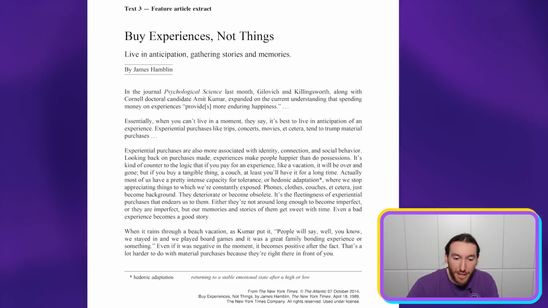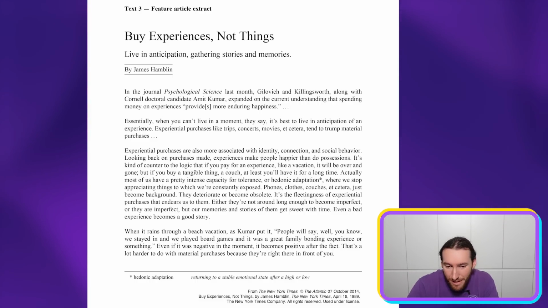Because it's a feature article extract, the toughest thing about this for a lot of students is finding techniques. So I will try and point out a couple of different angles to use for finding those techniques, but we'll also look for the more common ones as well. So make sure you read everything here. By experiences, not things.